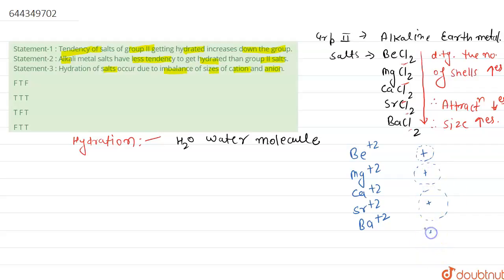So here we can see that the positive charge density is in a small area in Be+2. Therefore, it attracts more H2O molecules.